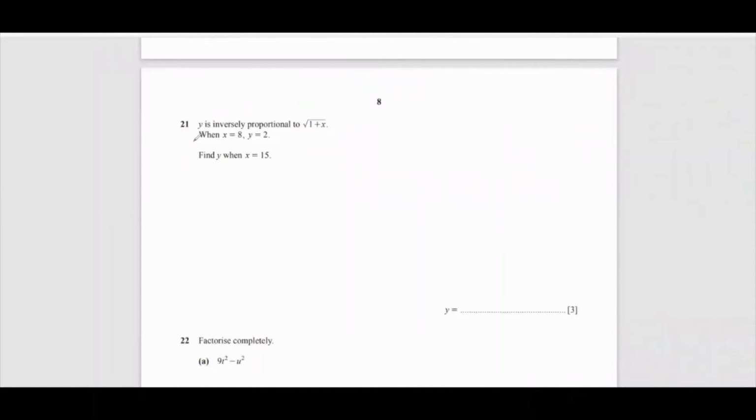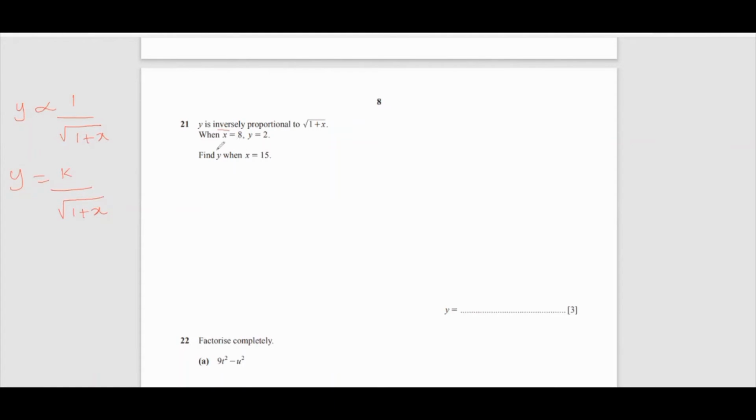The problem says y is inversely proportional to the square root of 1 plus x. They said inverse, which is the reason I wrote 1 over the square root of 1 plus x. So y equals k over the square root of 1 plus x.